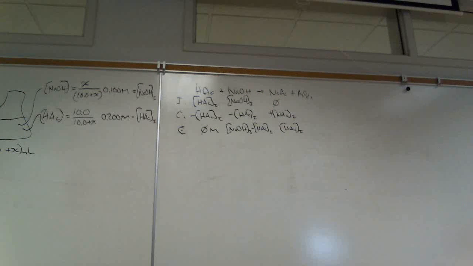Phosphate. If I have a mixture of sodium hydroxide and phosphate, I forgot to mention this, probably because I didn't talk about phosphate that much to you guys. But phosphate is a little bit different than your typical weak base. One, it's tribasic, it can accept 3 protons. And two, its Kb is pretty big for a weak base.